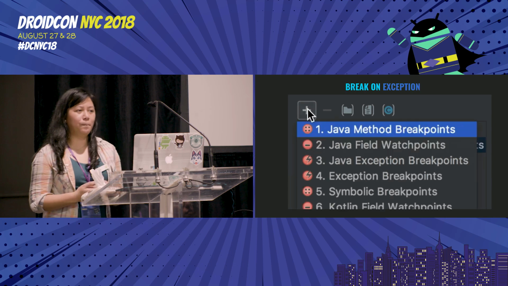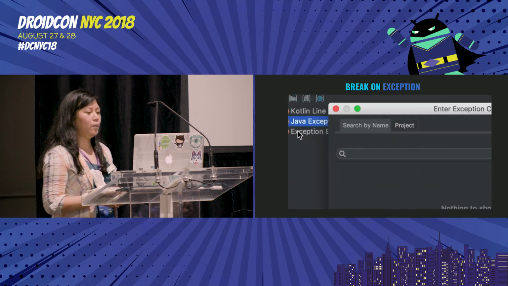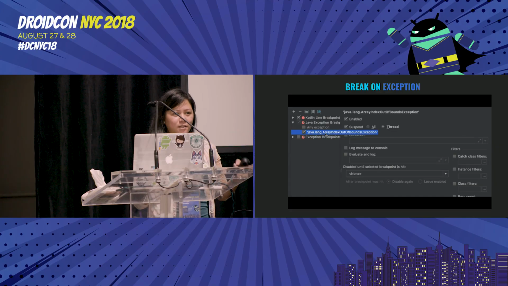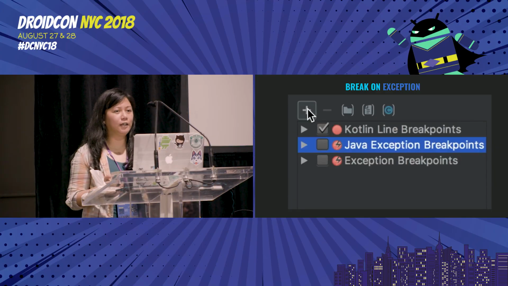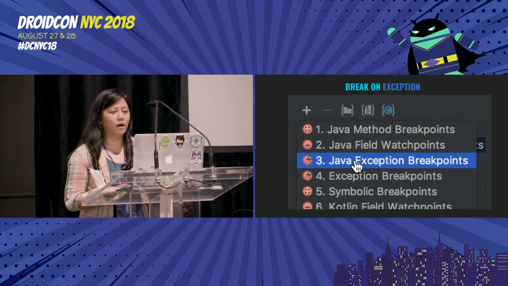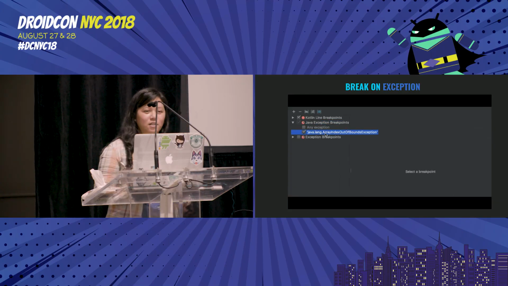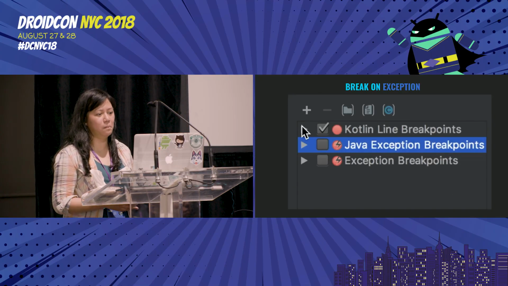And aside from stopping at specific lines of code, we can also tell Studio to suspend on exceptions. This is particularly useful if, say, we are encountering a null pointer exception or an array index out of bounds exception and we don't know where it's coming from.